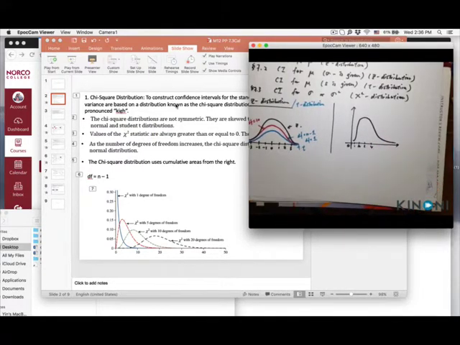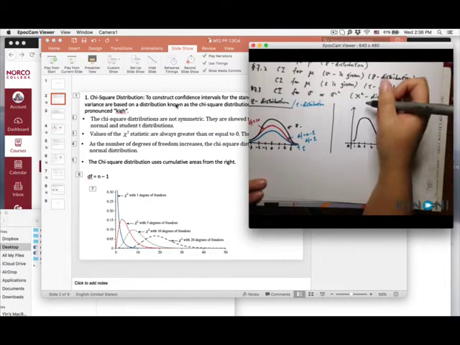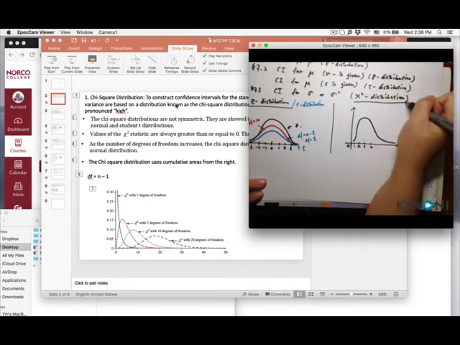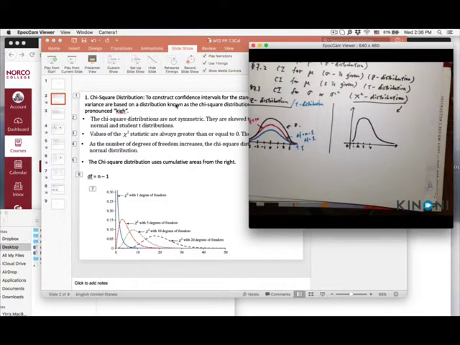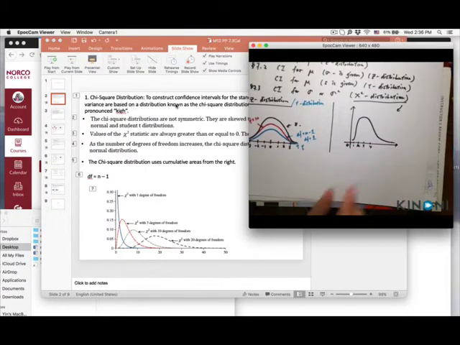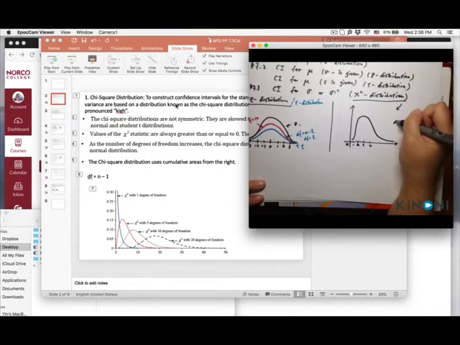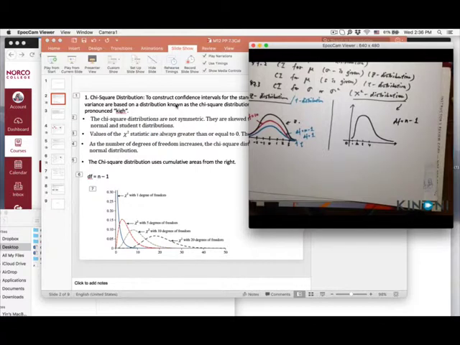So there are no negative numbers for the chi-square distribution. It is always greater than or equal to 0, it never has a negative number. And it also has the degree of freedom equal to n minus 1.